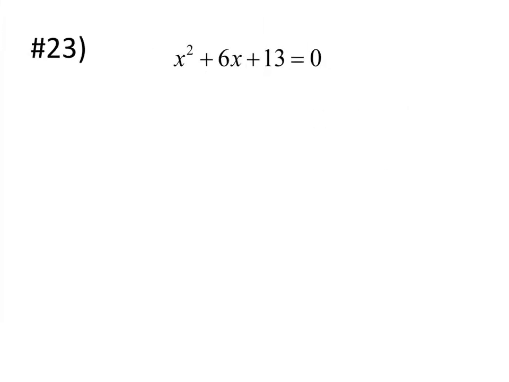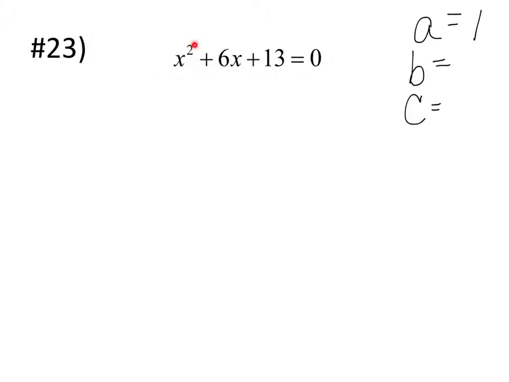Okay, so they want us to use the quadratic formula to solve number 23. The first thing I need to do is make sure I'm already in standard form. So ax squared plus bx plus c equals 0 is standard form, so I'm okay. I can go ahead and list my a, b, and c off to the side. A is 1.